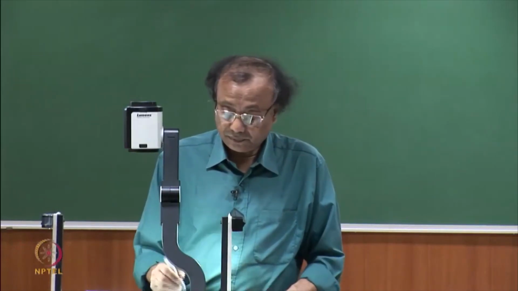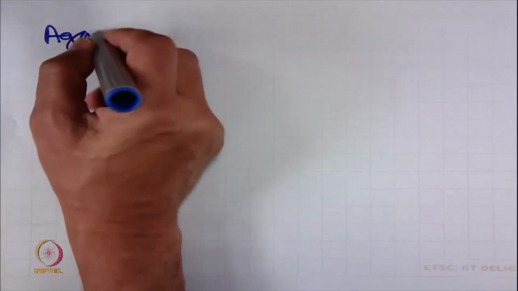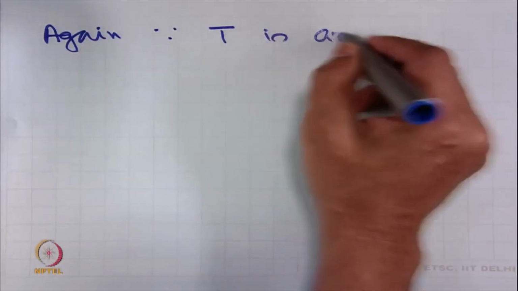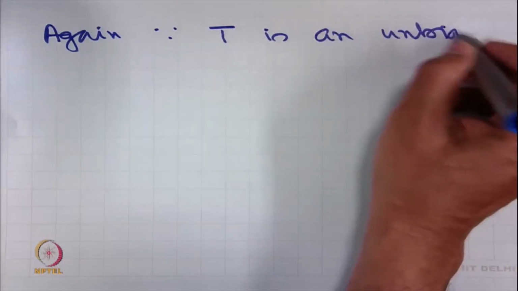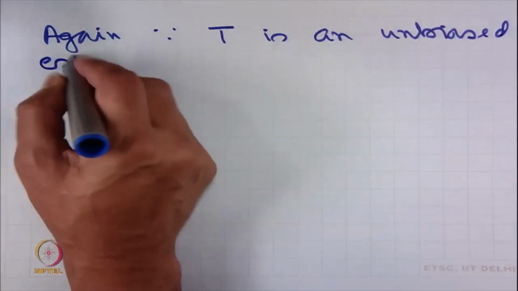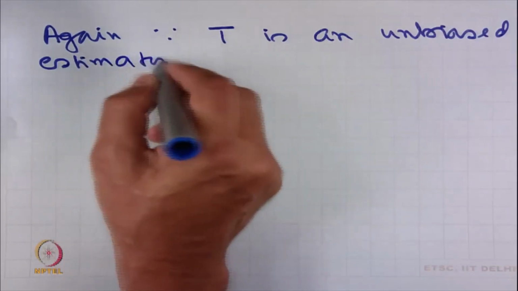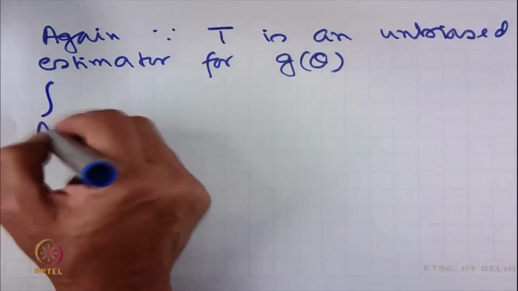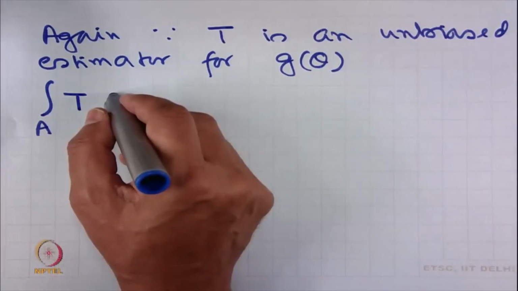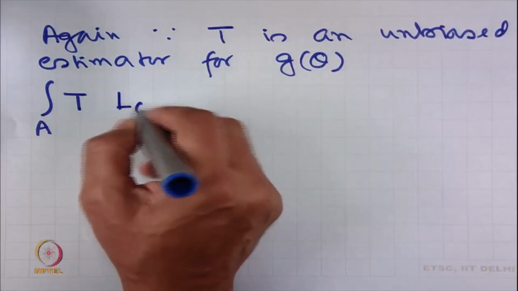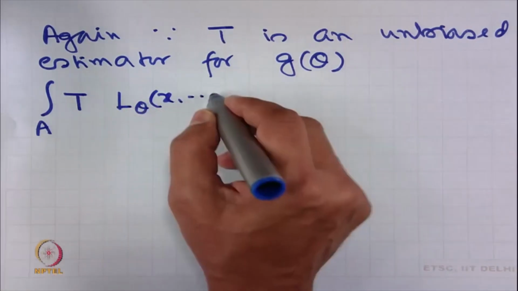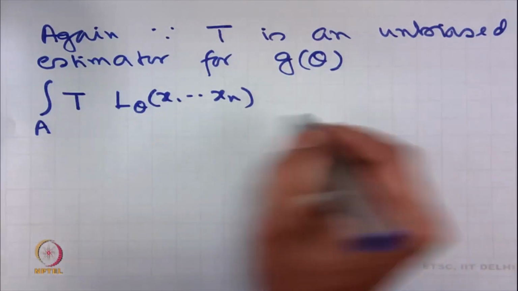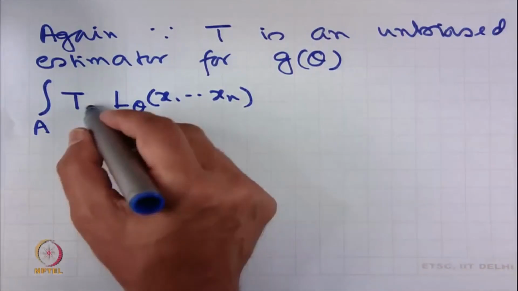Again, since T is an unbiased estimator for g theta, integration over A of T of L theta, let me write it with x 1 x 2 x n, but as we have seen, I am often leaving out this part if the notation is understood.